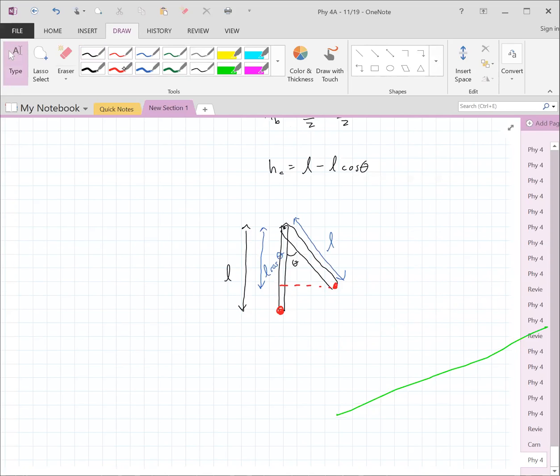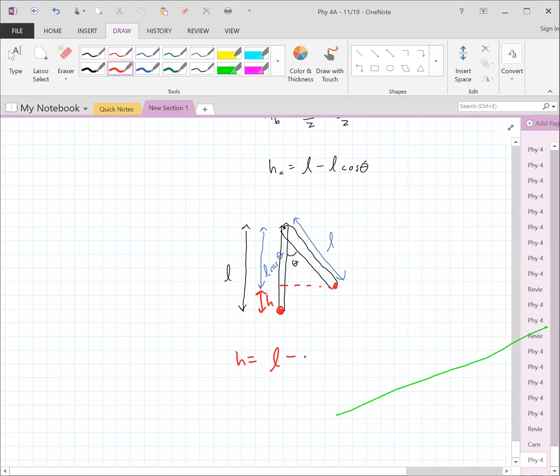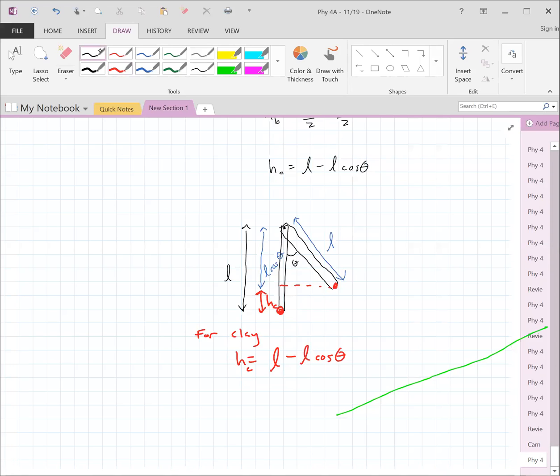And so this all-important height here is L minus L cos theta. And that's for the clay. For the board, all the L's become L over 2's because all we care about is where the center of mass of the board starts and ends.